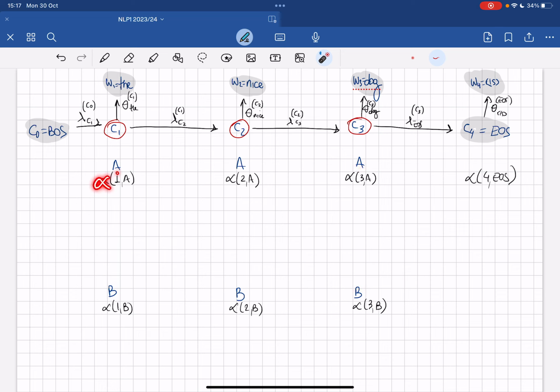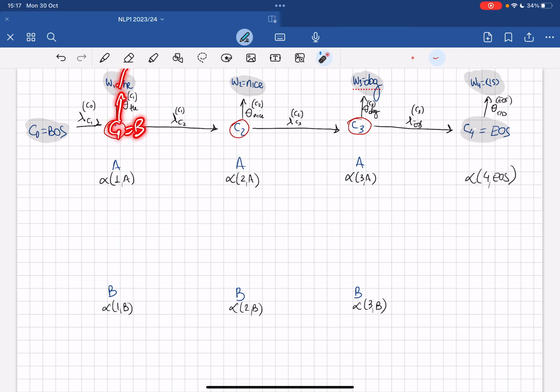So I'm interested in computing alpha 1A, which is marginalizing sequences that end in C1 being assigned A and then generating the. Alpha 1B, marginalizing all sequences that end in C1 being assigned a B and then generating the.